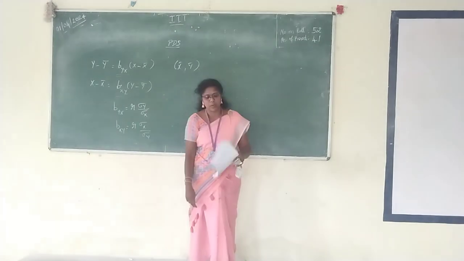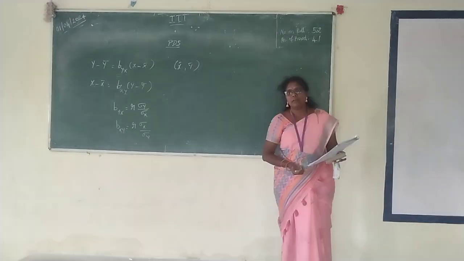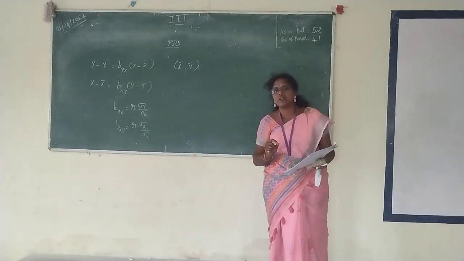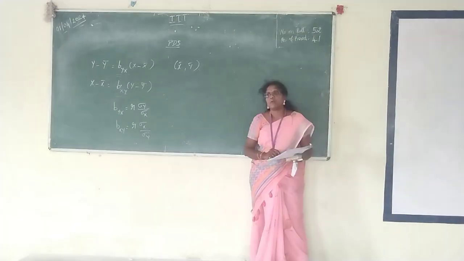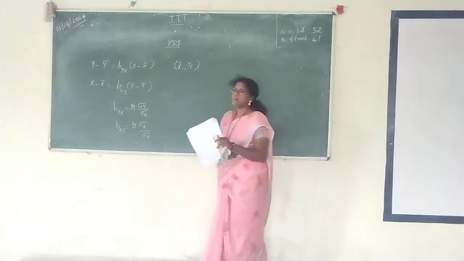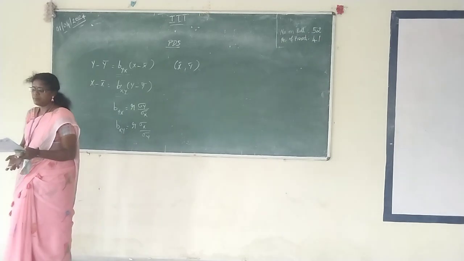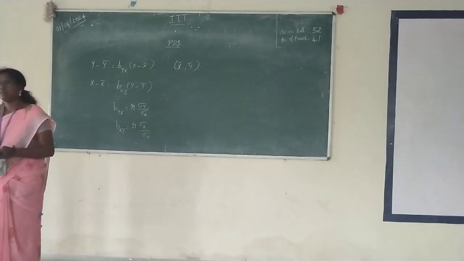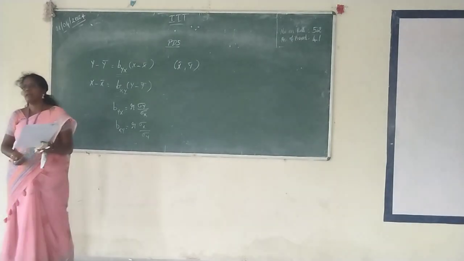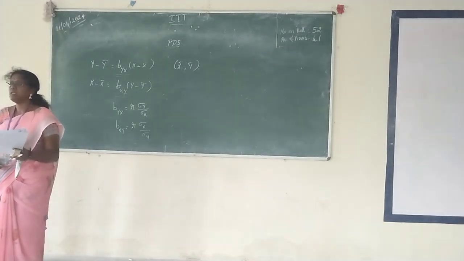Next one, second one. If one of the regression coefficients is greater than unity, then the other must be less than unity.